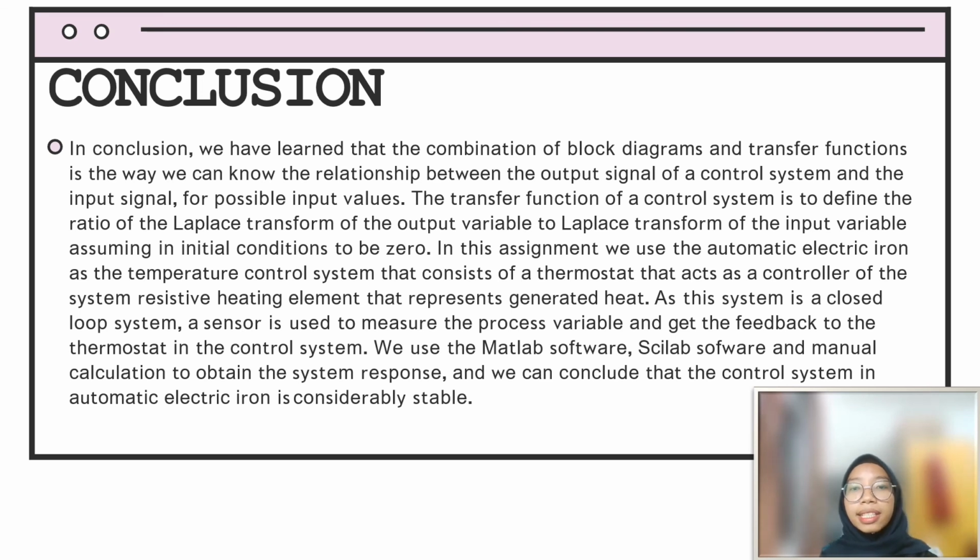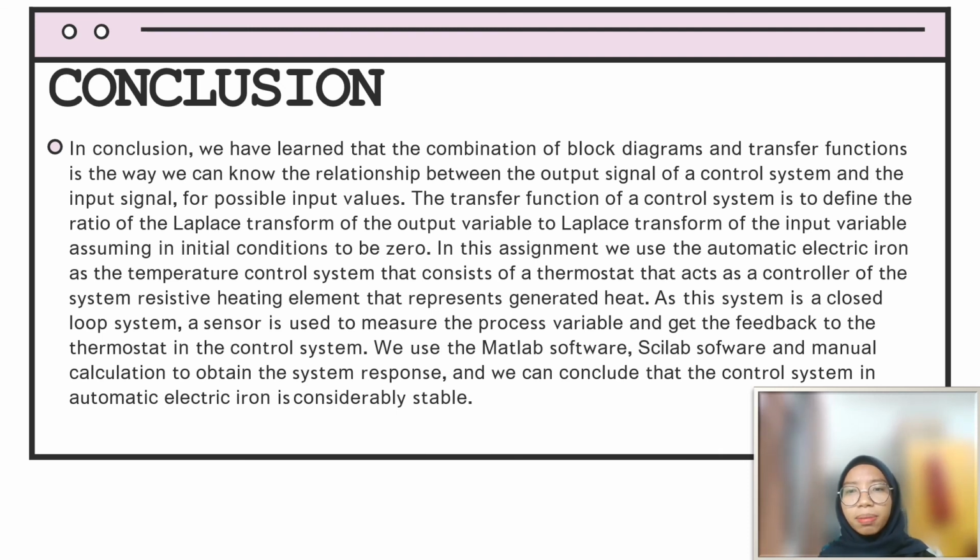In this assignment, we use the automated electric iron as the temperature control system that consists of a thermostat that acts as a controller of the system and a resistive heating element that generates heat.